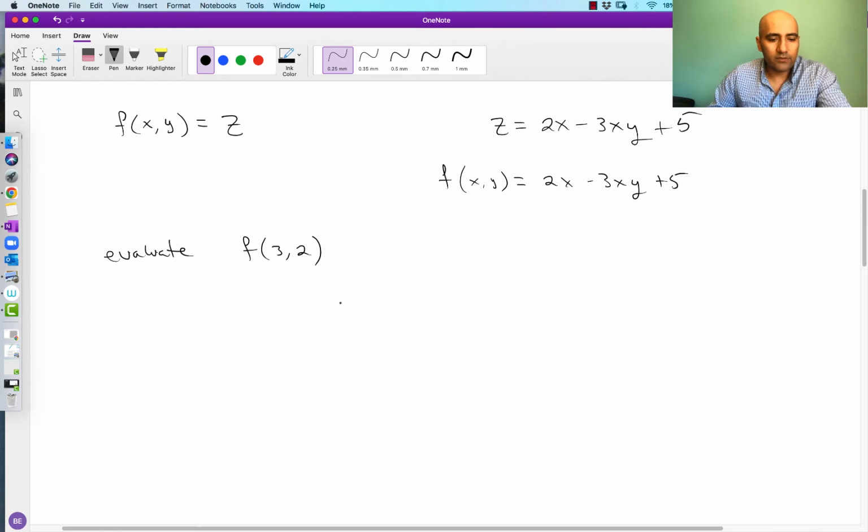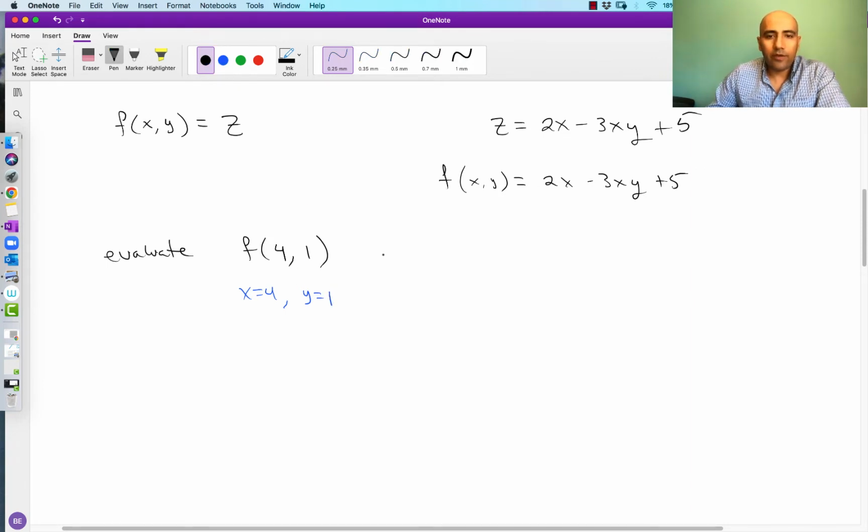Oh, that's a lot of 3's and 2's running around. Let me change that up. Evaluate at 4 comma 1. Okay, so now it's important to pay attention to the order because this states that the x must be the 4, right? So evaluate when x equals 4 and y equals 1. So the order is important.